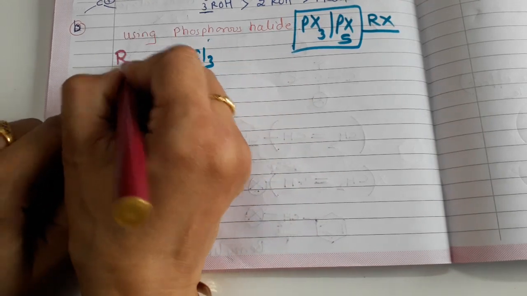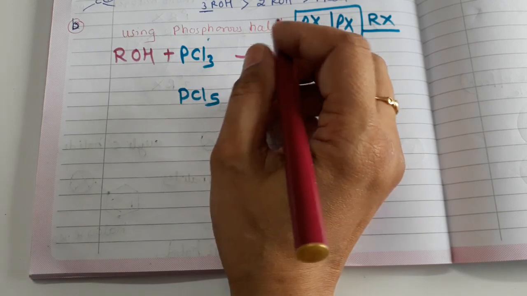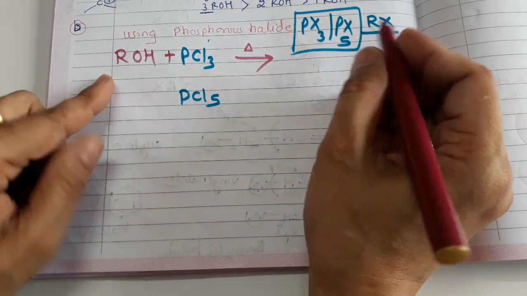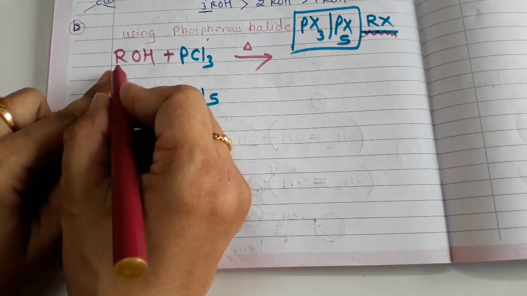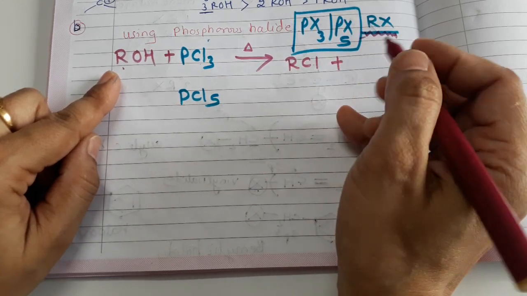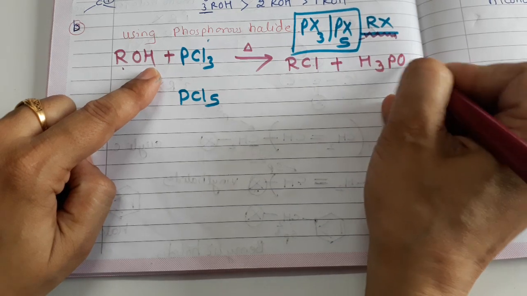So we have alcohol and phosphorus trichloride. Okay, now on mild heating, what do we get? Do not forget one product is RX. So I will get RCl plus, yes, H3PO3.